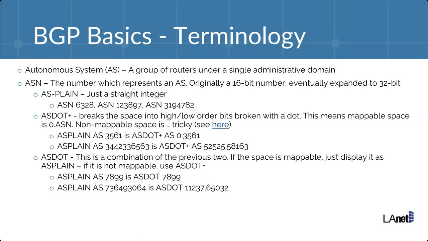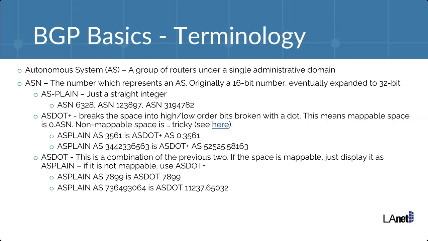So a good natural explanation is if you're connecting your network via BGP to, I don't know, Verizon's network, right? Those are two different autonomous systems. You're administering your network and they're administering their network, right? Two autonomous systems there, right?